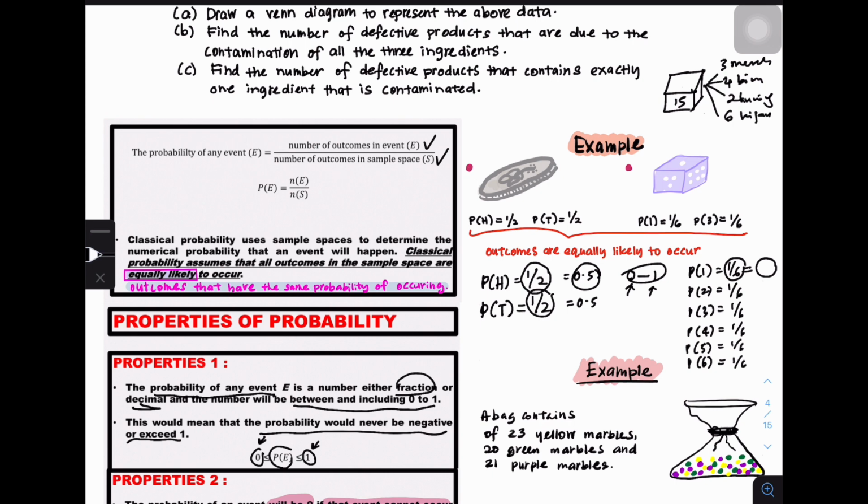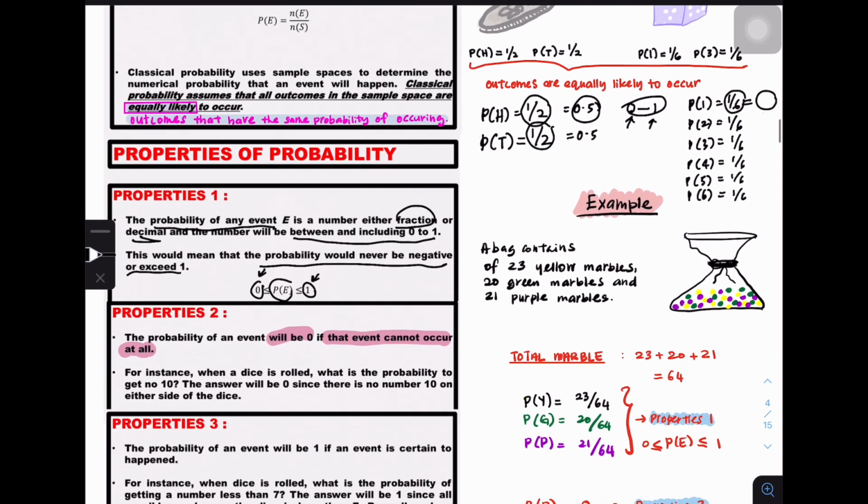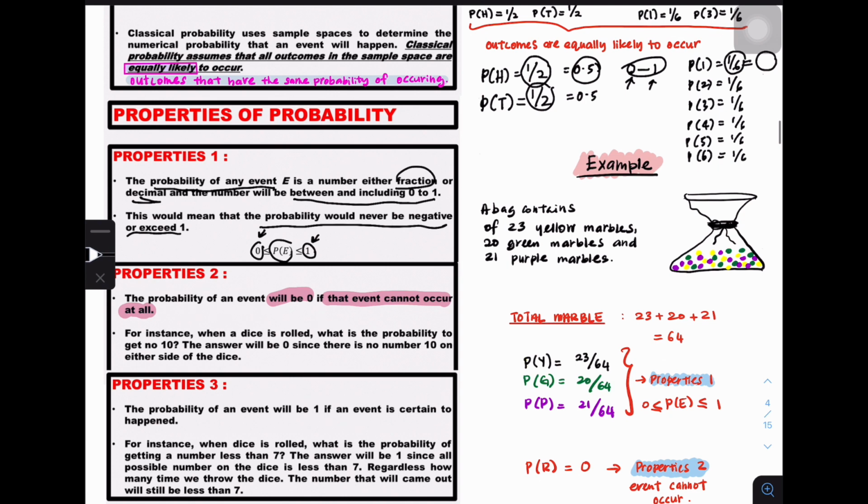Saya nak cari probability saya akan dapat bola warna oranye. Apa kebarangkalian atau probability saya akan dapat bola warna oranye? It will be 0. Why? Because dalam kotak ni mana dah ada bola warna oranye. So macam mana awak nak dapat bola warna oranye kalau dalam kotak tak ada bola warna oranye? Okay. So the probability of an event will be 0 if it's impossible to happen. Event cannot occur, so dia jadi 0.